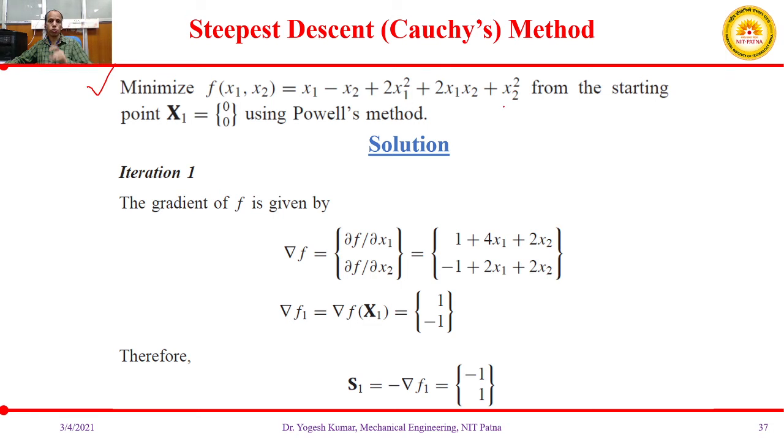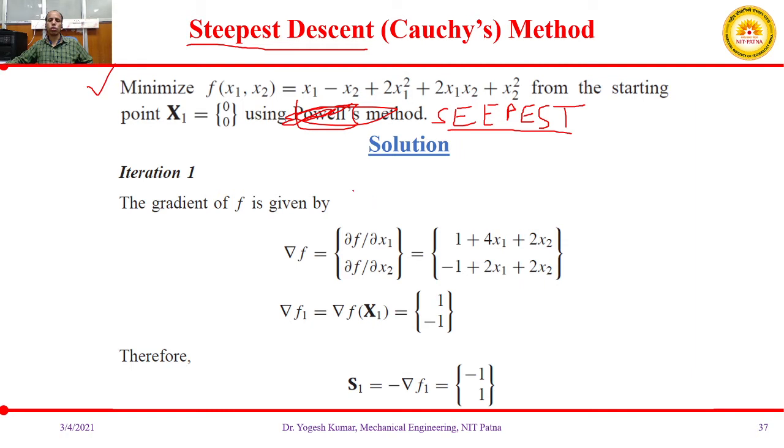Sorry, this is not Powell's method, this is using the steepest descent method, because we have already discussed this problem using Powell's method. So now we are going to discuss it using the steepest descent method.